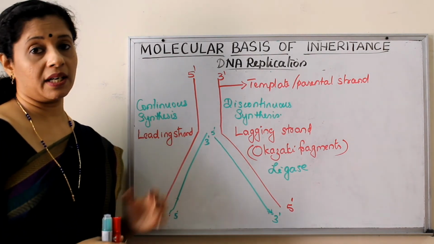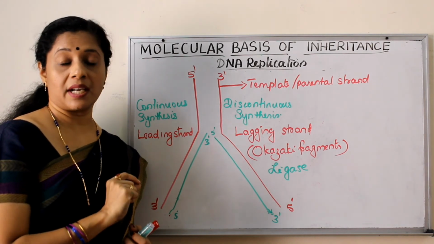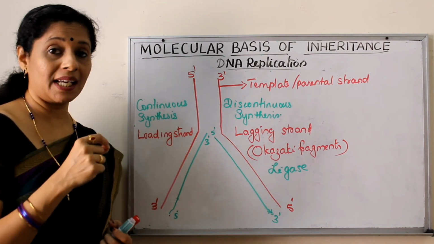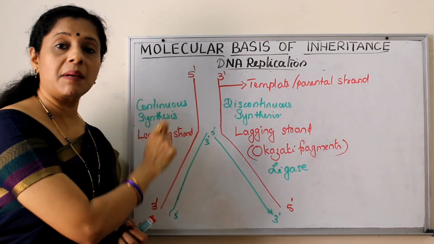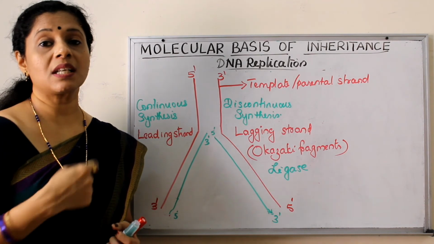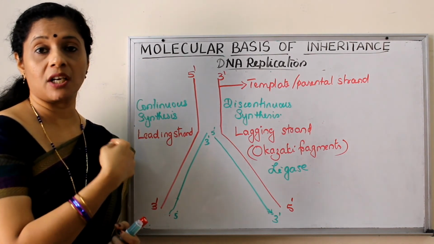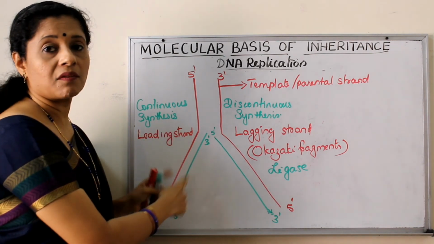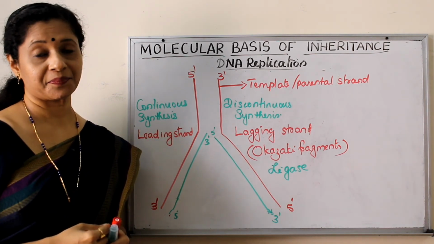So during proofreading, suppose there is a wrong or a mismatched nitrogen base. So using nuclease enzyme, it will make the nick or cut it, remove it and replace it with the correct one and join using DNA ligase. So this kind of proofreading is done throughout the DNA during replication so that errors are minimized. And as and when these strands are forming, they again coil to form the double helix DNA.